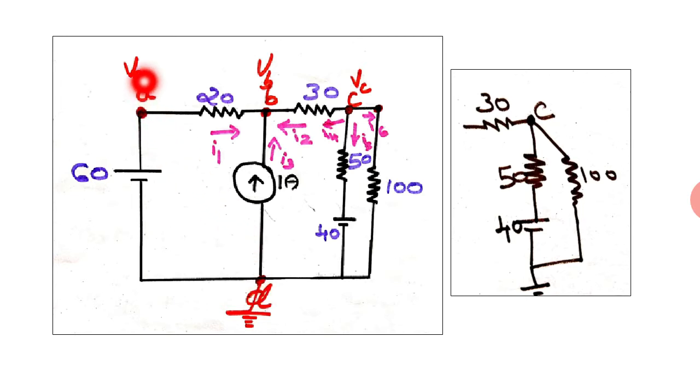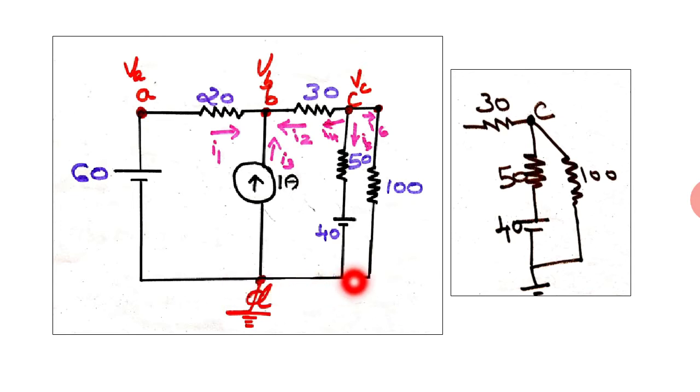Then assume voltages for these nodes as VA, VB, VC and VD. Then ground the node with the maximum number of elements connected. Here node D has the maximum number of elements: 1, 2, 3, 4.